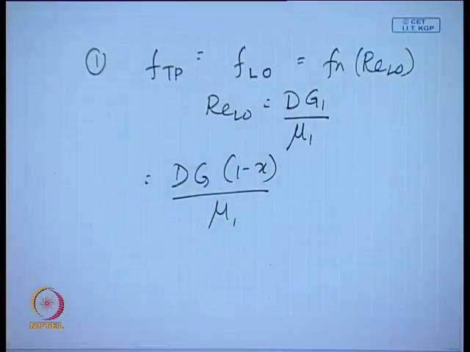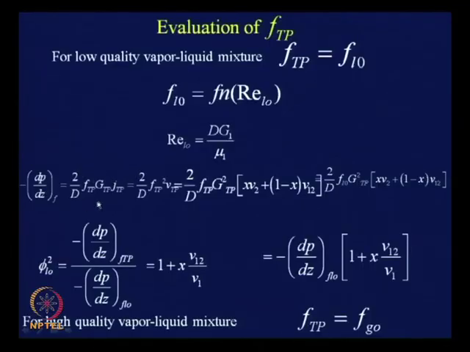So from this particular slide you see that the frictional pressure gradient, instead of FTP, we can express it in terms of FLO. Therefore, under such circumstances your frictional pressure gradient can be predicted from this form itself.